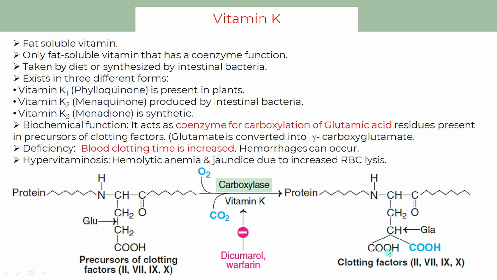When they lose their hydrogen, one of them carries minus and the other one carries minus, so both can get attached to a calcium ion which carries 2 plus, and they undergo the process of coagulation. So this is the mechanism in which vitamin K carboxylates glutamic acid into the precursors of clotting factors.